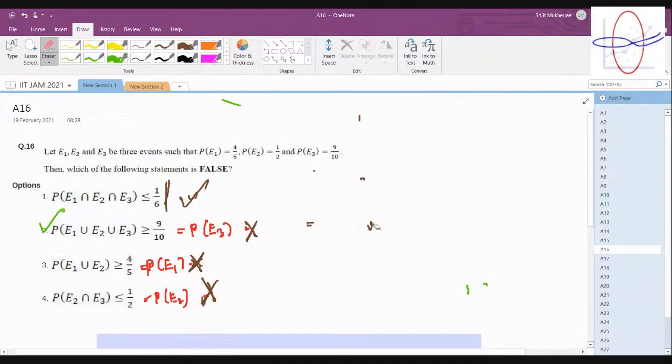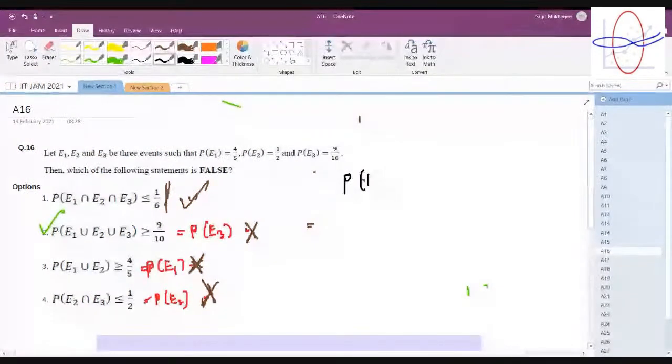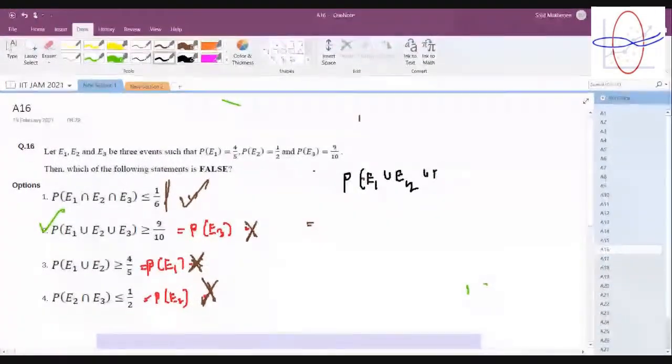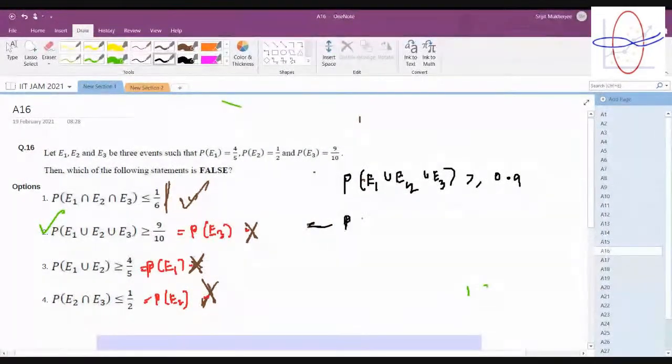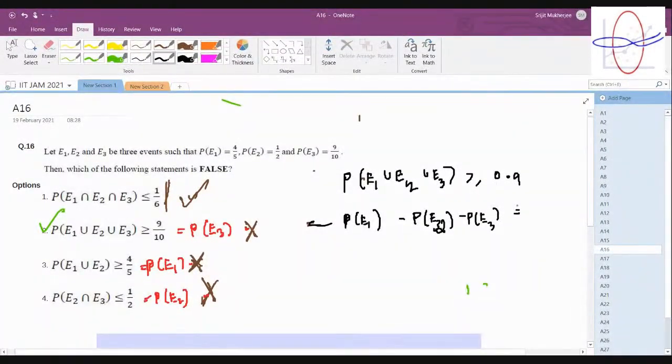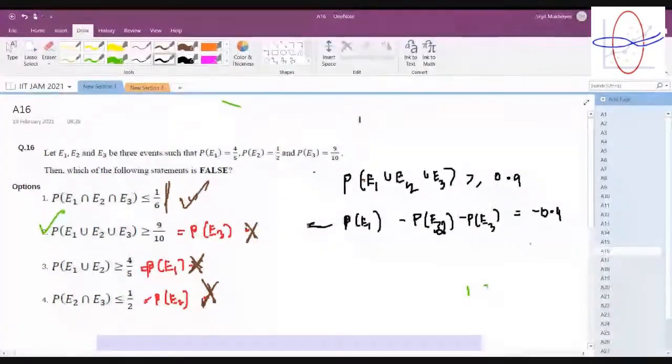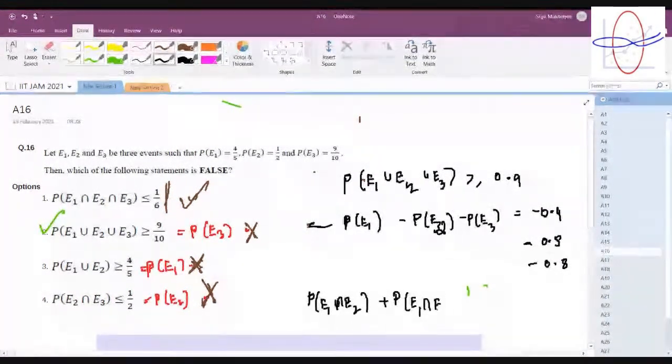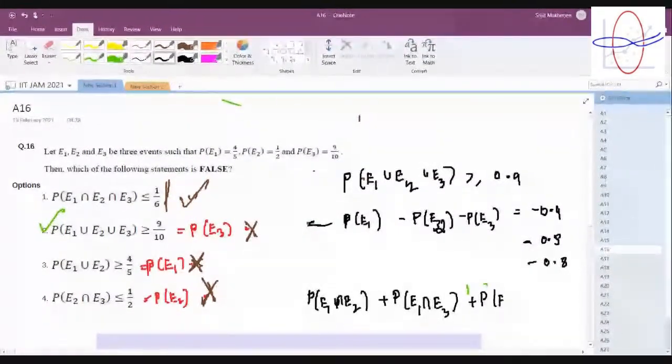So we are doing this problem to the fullest. We have got that probability of E1 union E2 union E3 is greater than or equal to 0.9 minus probability E1 minus probability E2 minus probability E3, which is actually minus 0.9 and minus 0.5 minus 0.8, plus probability of E1 intersection E2 plus probability of E1 intersection E3 plus probability of E1 intersection E2 intersection E3.